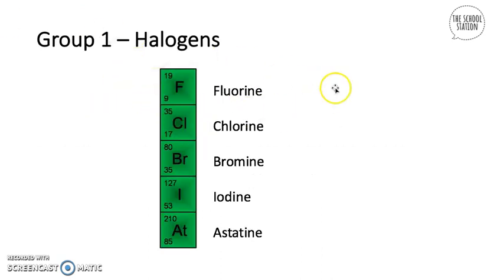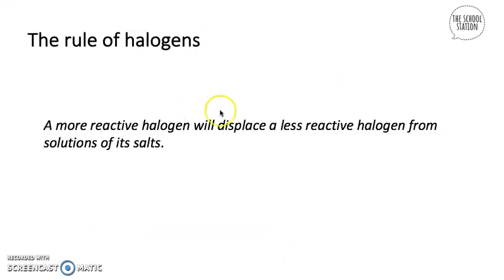This means that fluorine is more reactive than astatine. So if there was a reaction, fluorine would displace astatine from solutions of its salts, and this is because fluorine is more reactive. So the more reactive halogen will displace the less reactive halogen.